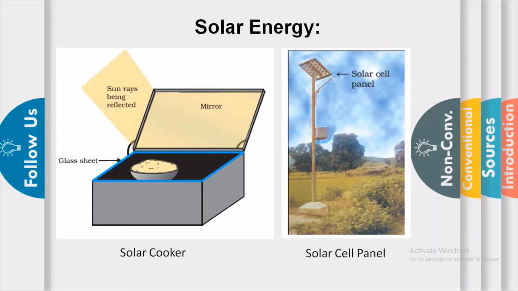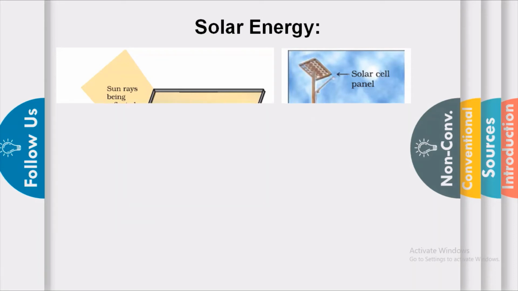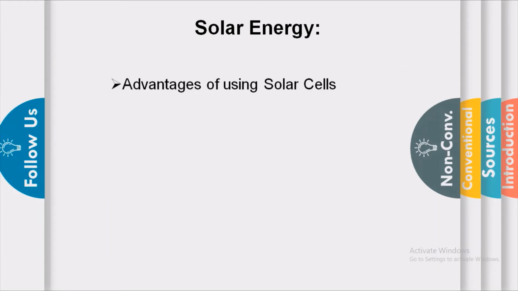We know that the Chinnaswamy Cricket Stadium is in Bangalore, and that is powered by solar energy. That is a nice example of using solar energy to produce electricity. Now let us highlight the advantages of using solar cells.